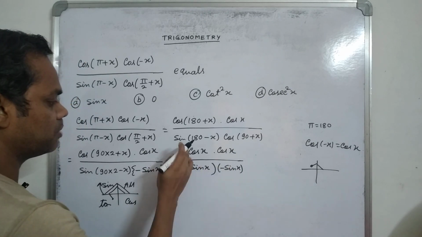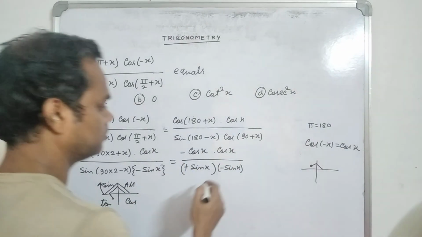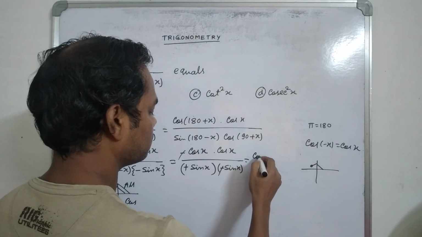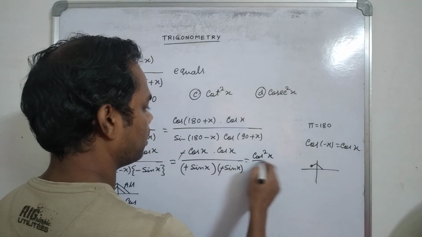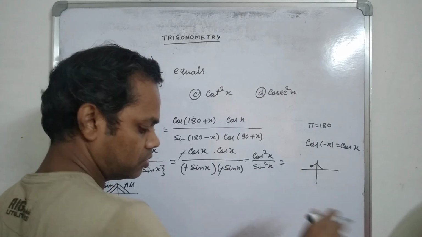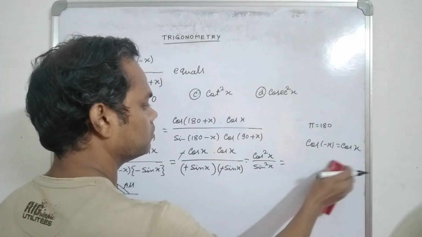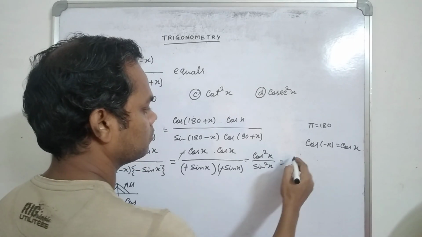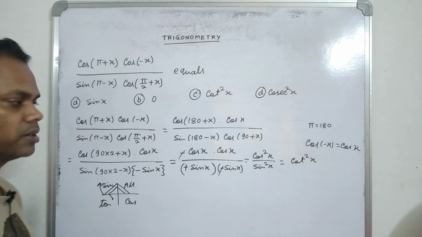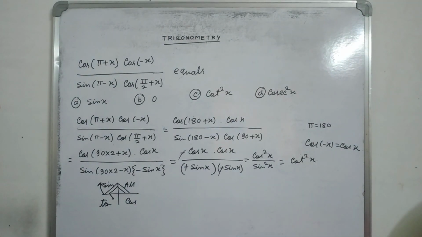So minus and minus cancel each other. This is cos square x by sin square x, which is equal to cot square x. This is one way.